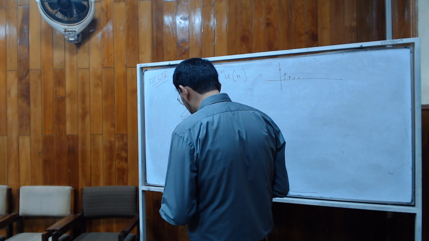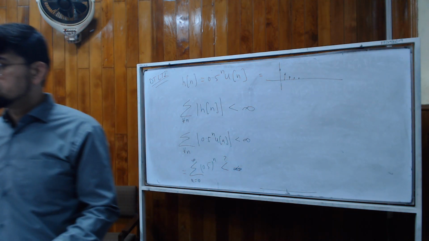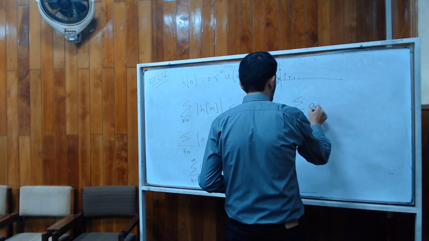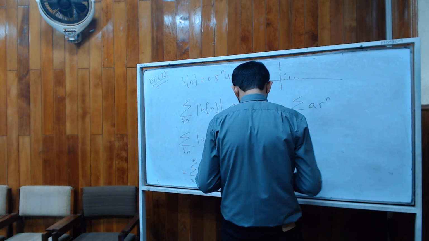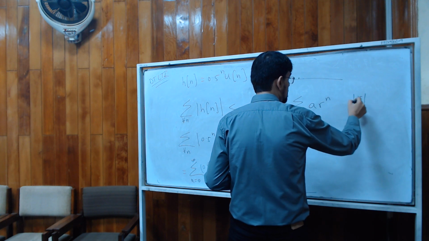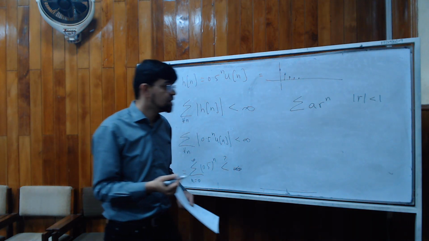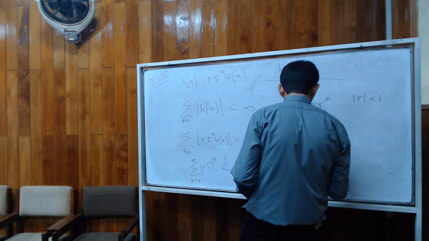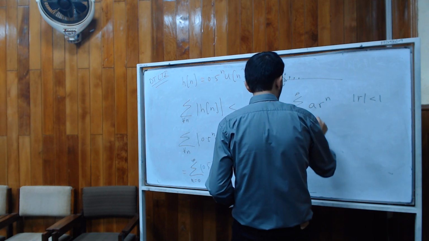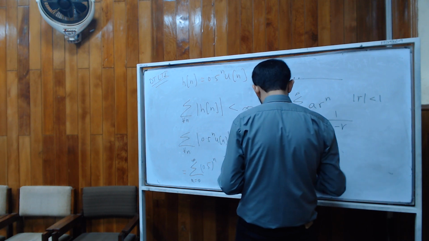Here we will make use of something we have covered in earlier courses, series. Do you know the sum of a geometric series? If r is a fraction, between -1 and 1, meaning its magnitude is less than 1, then for n equal to 0 to infinity, the sum of this series is a over 1 minus r.